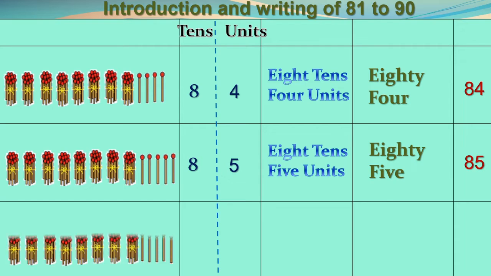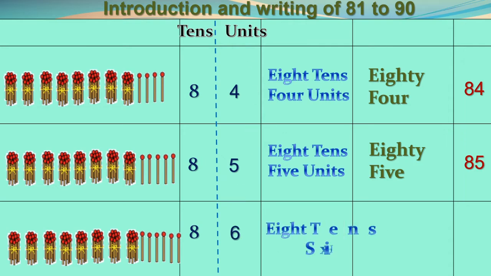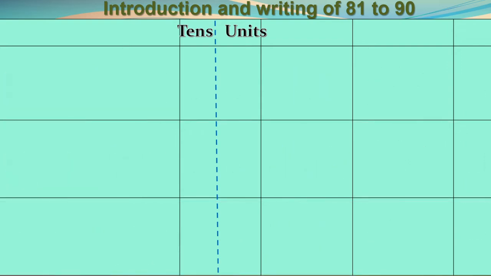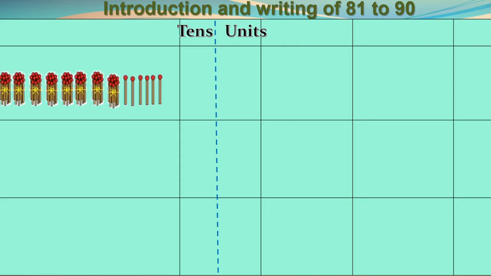Let us add one more to 85. Here it is. So we got 8 tens and 6 units. Let us write here. Okay, our number is 86. 80 and 6. That is nothing but 86. Okay, children, now here our 86 matchsticks.